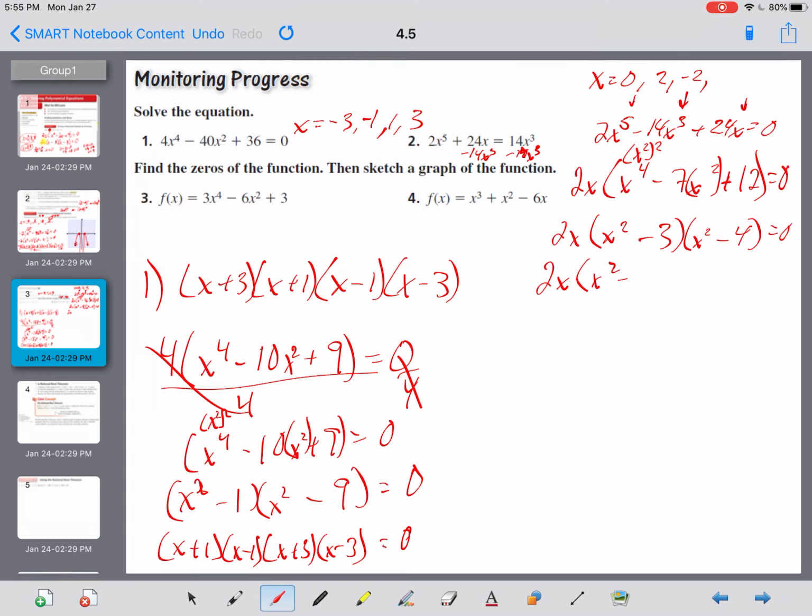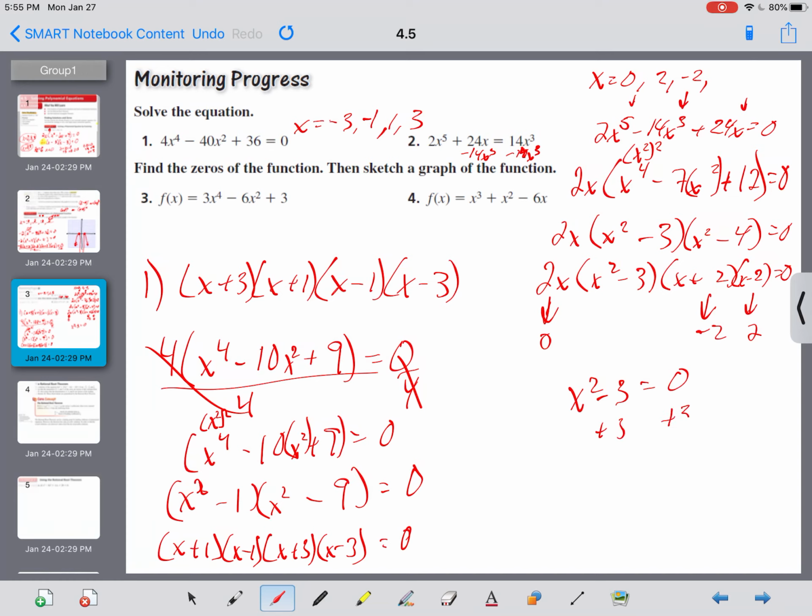Okay, so 2x times (x squared minus 3) times (x plus 2) and (x minus 2). So this one is the one that goes 0. This one, opposite to get out, goes -2. This one, opposite to get out, goes 2. Those are the 3 that were easy to see. And then this last one, x squared minus 3, we set it equal to 0 and we solve.